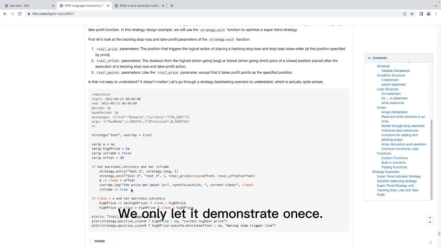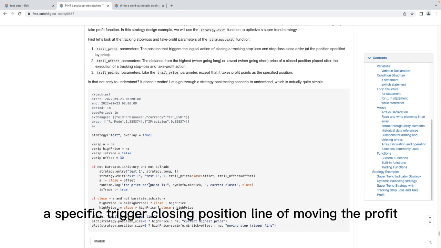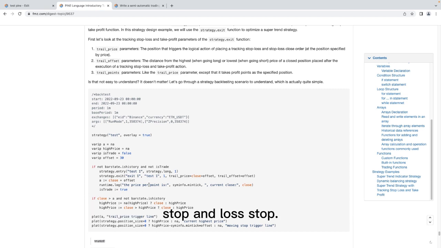We only let it demonstrate once, then we will draw its trigger line, as well as the line of the current highest price, as well as the specific trigger closing position line of moving the profit stop and loss stop.